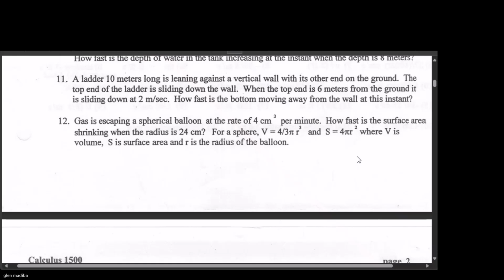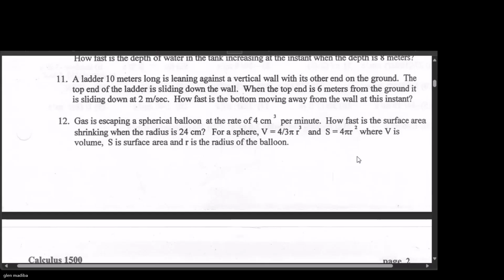So if we think about this question, we have a balloon, right? The balloon's spherical, so we have the formula for its volume and the formula for its surface area. The question is asking about how quickly surface area is changing. The changing and how fast hint towards derivatives. So that's why I keep saying we need to find the formula for the derivative.